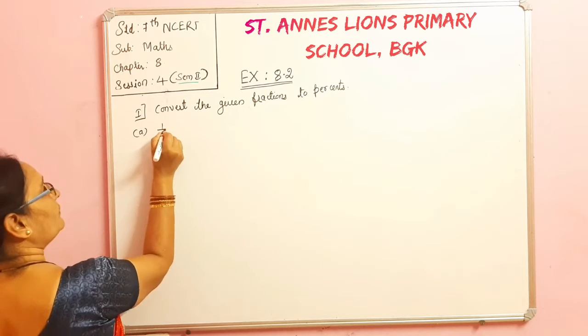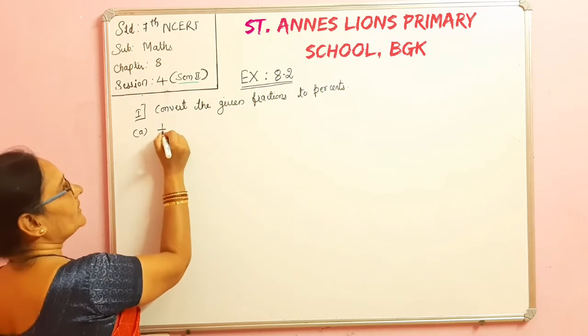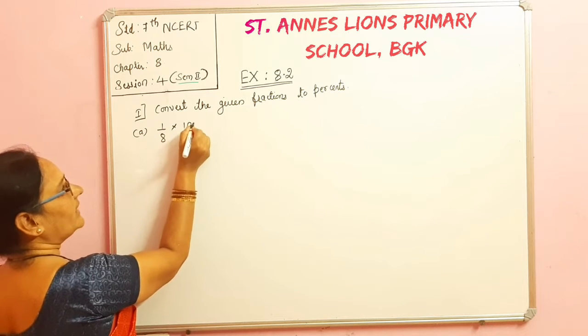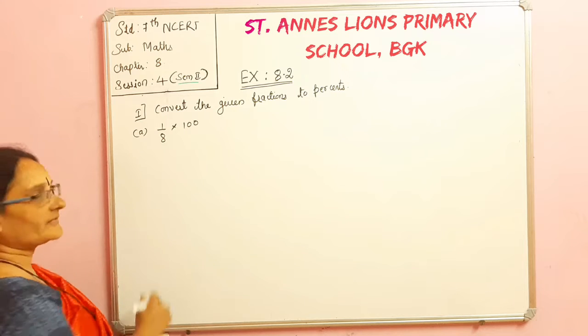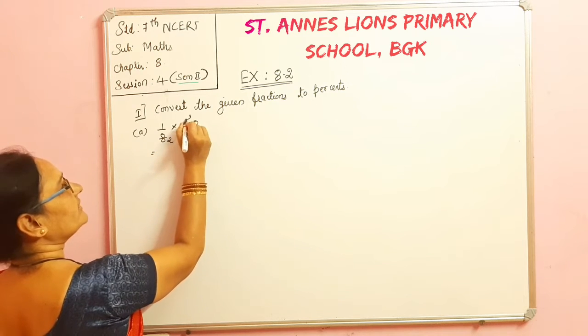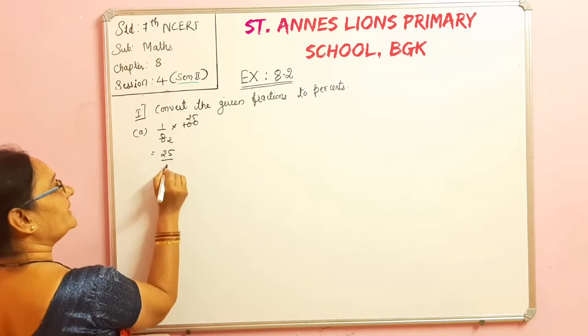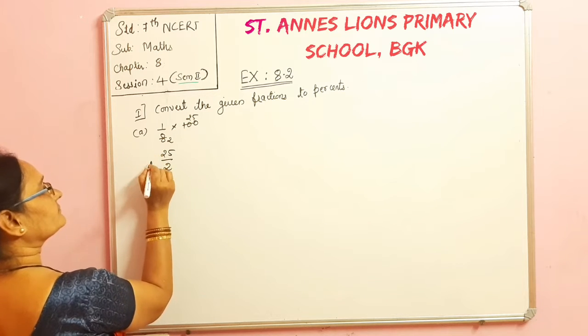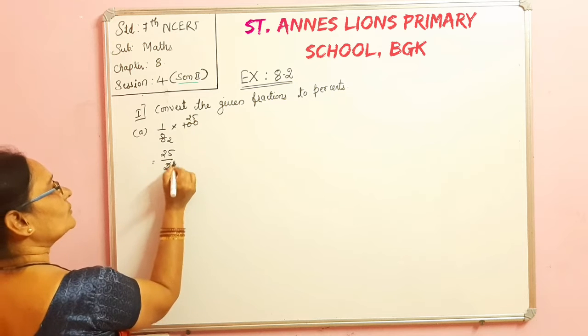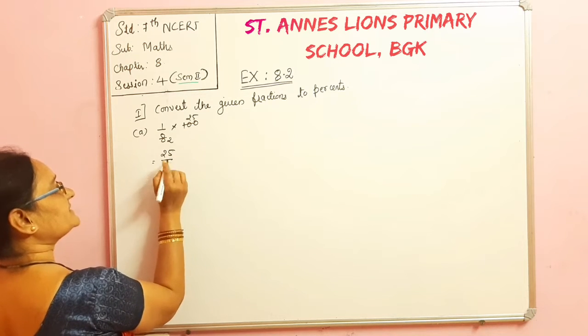1 by 8. How to convert 1 by 8 into percent? You know, 1 by 8 into 100 we have to write. Now we cancel it. 4 twos are 4, 25 ones are 25, so 25 by 2. If you cannot cancel, this will come in decimals.